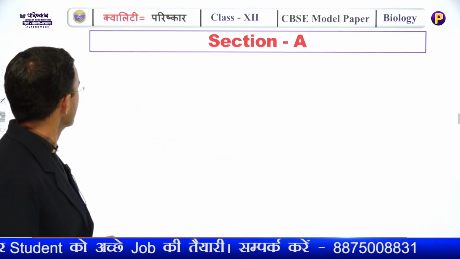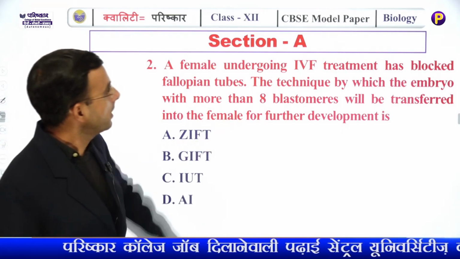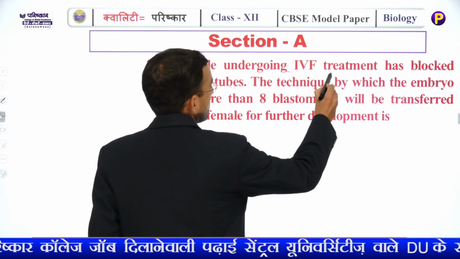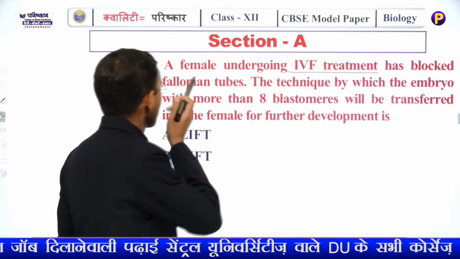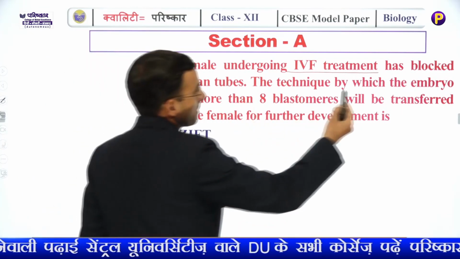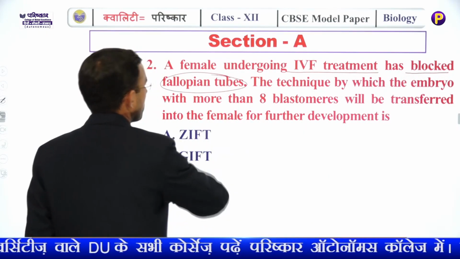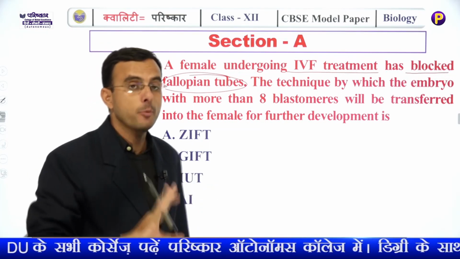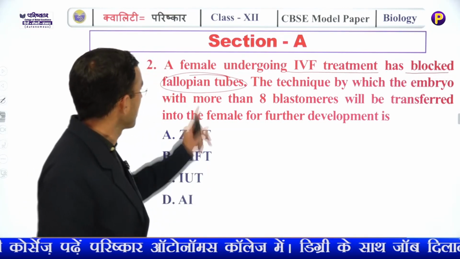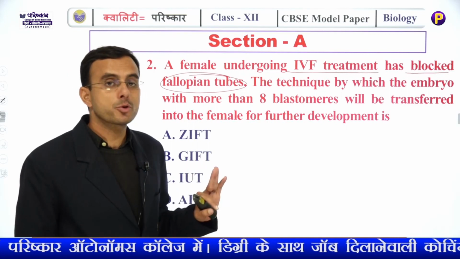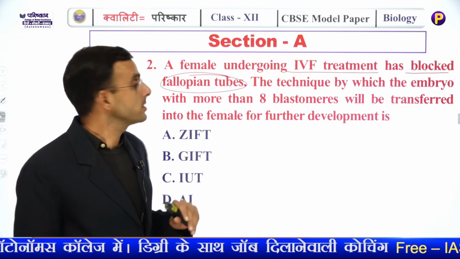Now the second question is, a female is undergoing IVF, in vitro fertilization treatment, because of blocked fallopian tubes. In the reproductive system, the fallopian tube is very important, and these are the tubes where fertilization takes place.